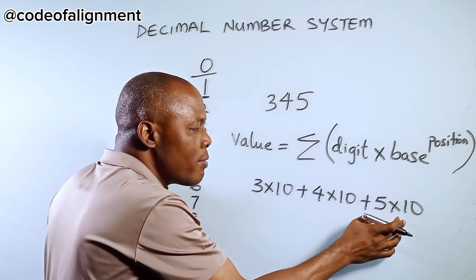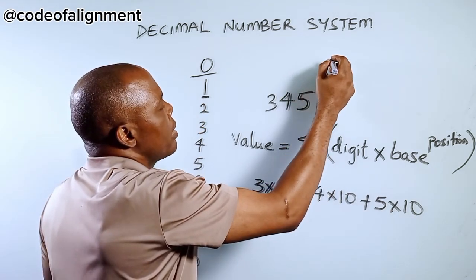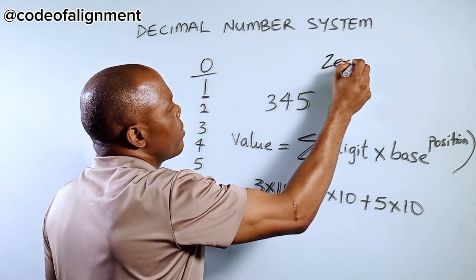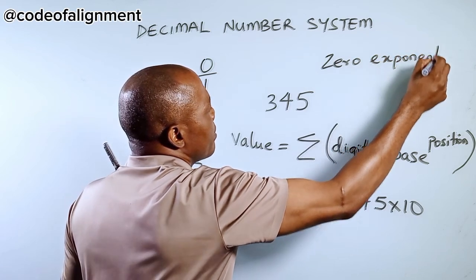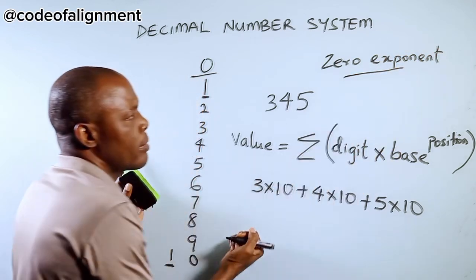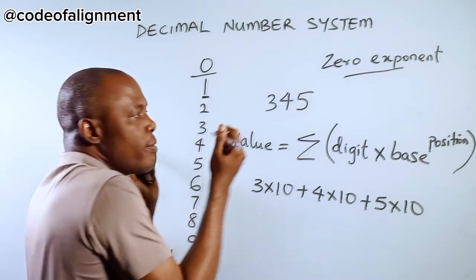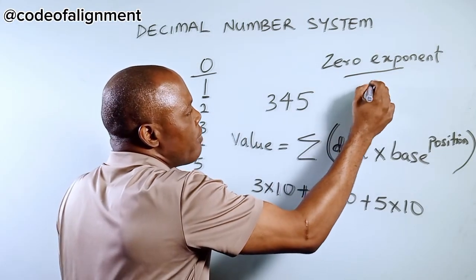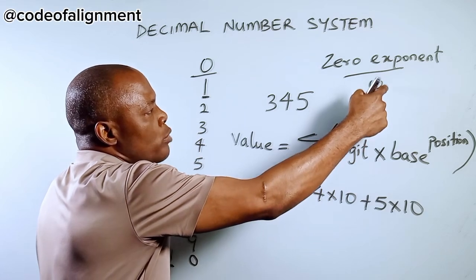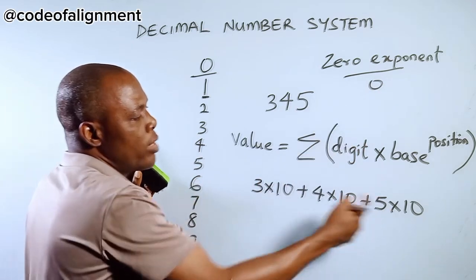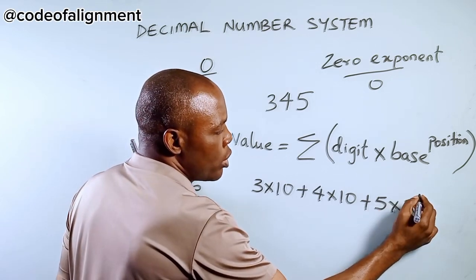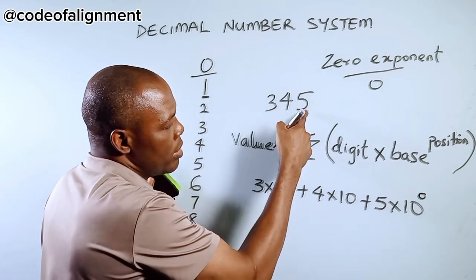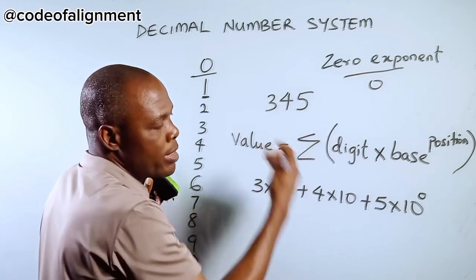That gave birth to something we call the zero exponent. If humanity or scientists had not discovered zero, it would have been impossible to have this. Zero exponent means we start from position 0, from the right-hand side.